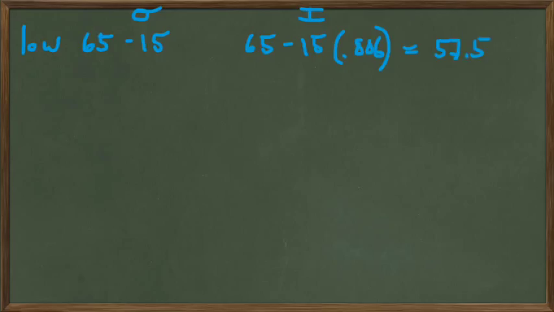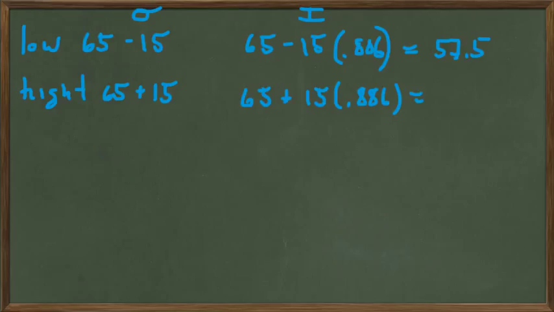57.5 degrees, so it doesn't get quite as low inside. And the high was the average temperature plus the swing temperature of 15, but inside that would be 65 plus 15 times 0.886, and that number is about 78.3. So it doesn't get as low and it doesn't get as high. I had a mistake there.